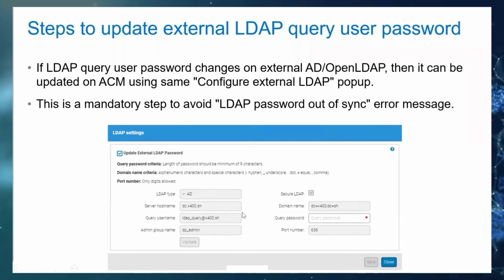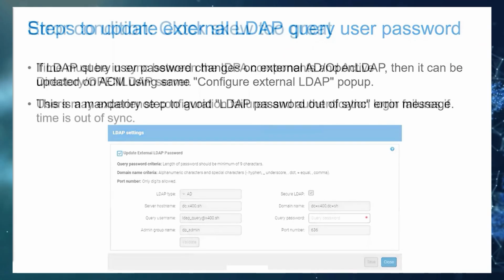When you do so, all the other details are grayed out, and you can just update the password. It will update the password on itself, so the component credentials.xml file that stores the credentials gets updated, and it will also update the configuration password on each of the point products or components of IDPA to ensure the authentication still works. So this is one thing to really take care of.